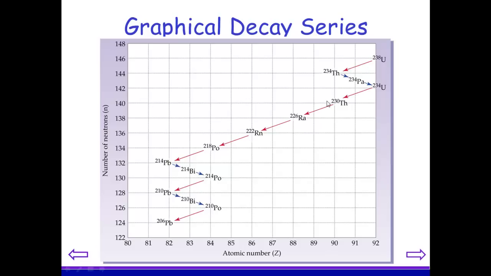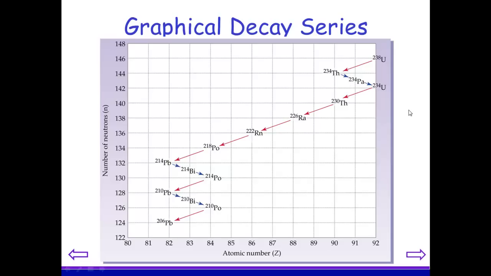And we've got a series of decays taking place here. So it's not that just one decay is going to take place and that's the end. Often with these larger particles like uranium, a whole series of decays are going to take place, and eventually it's going to get to a stable state. We can also see on this diagram some beta radiation. The blue arrows indicate beta radiation, and in that case the number of neutrons has gone down but the number of protons has gone up.